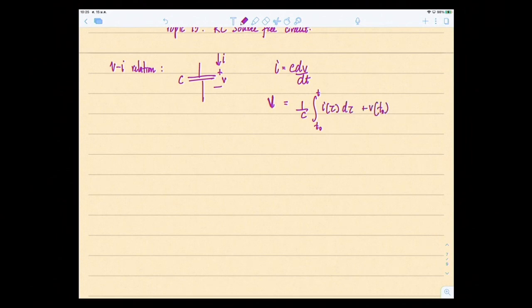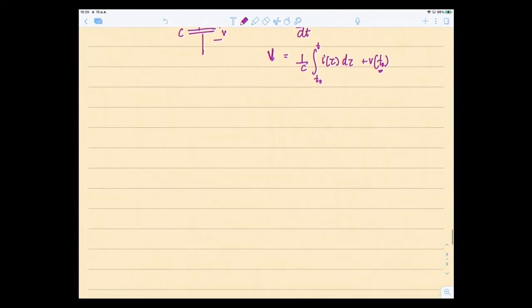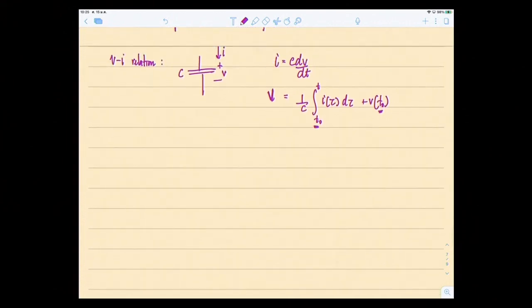So this is your initial value: at the beginning, is there any voltage or energy stored in your capacitor or not? And of course the energy depends on the voltage, so the energy stored in the capacitor is one half C V squared.